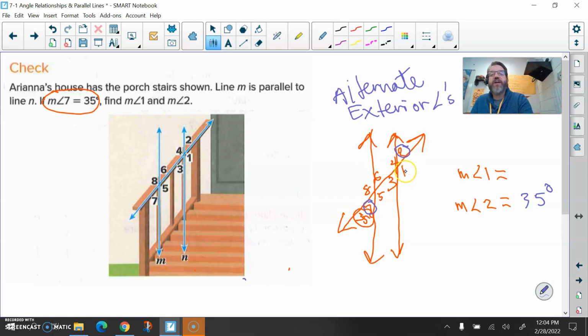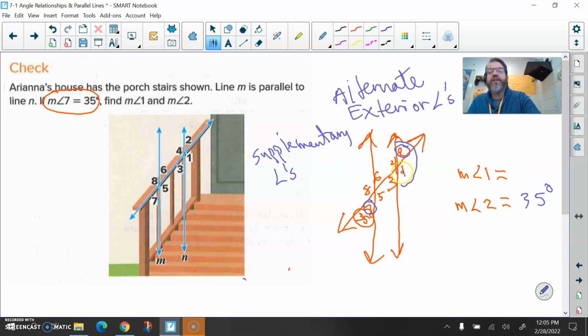So what would be the measurement of angle 1? Well, angle 2 and angle 1 combined fill in this entire line right here. They have to add up to 180 degrees. Now remember, that means they are supplementary angles. Supplementary angles total 180 degrees.